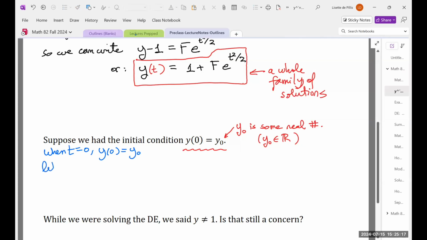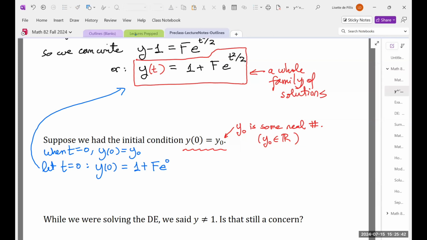Okay, so let's let t equal 0 in our solution up here. And we have y of 0, what happens when we plug in t equals 0? That's 1 plus f e to the 0. Okay, so that's just 1 plus f. And that whole thing we've been told is y naught.